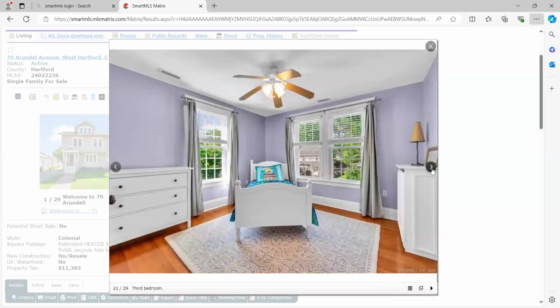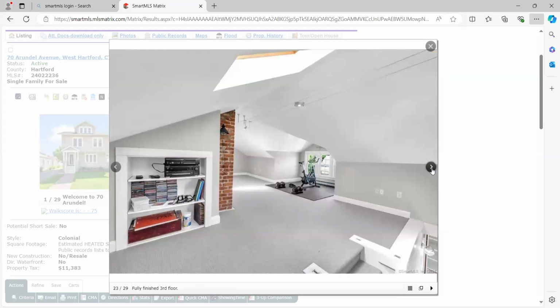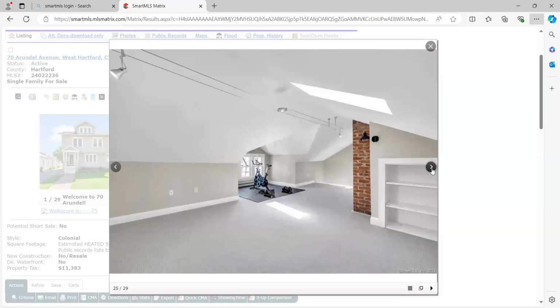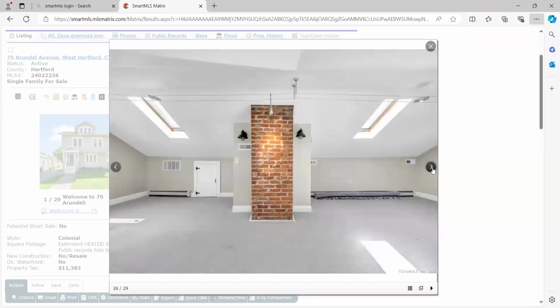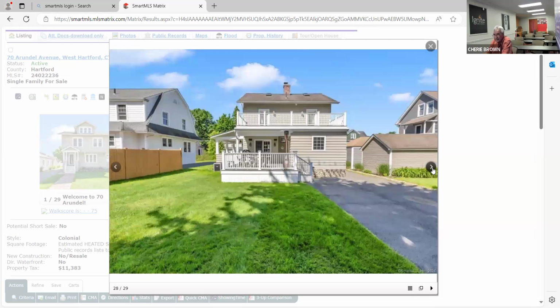Office area. Attic area, looks like it's heated. Detached, with a nicer yard than ours, so it's got the lower deck, the upper deck.